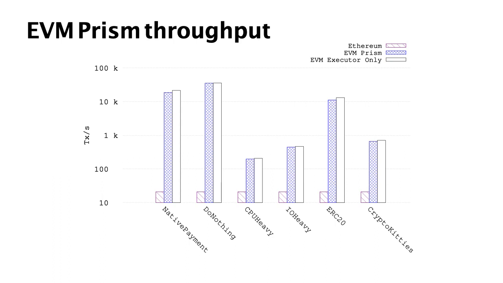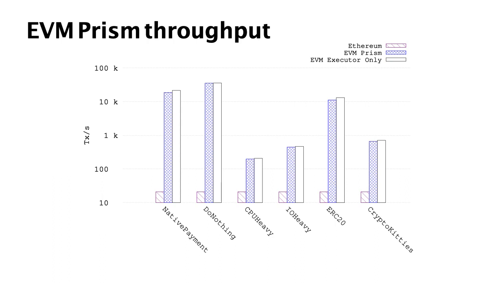We can see that for every application, EVM Prism is very close to the EVM executor only. Actually, EVM Prism can achieve more than 85% of EVM executor only throughput. This indicates that Prism consensus is not the bottleneck anymore. The virtual machine itself is the bottleneck.